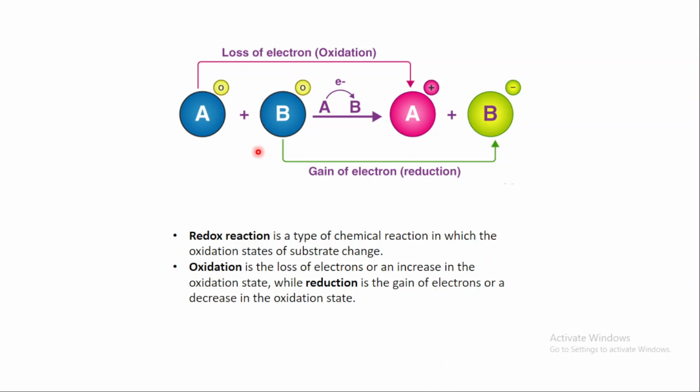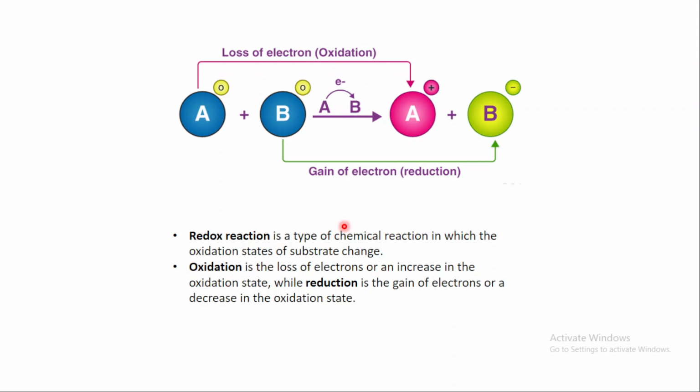If you have these basics clear, then you can solve complex problems and understand what is going on when cerium 4 plus is converting into cerium 3 plus. So oxidation is always loss of electrons and reduction is always gain of electrons of an element.